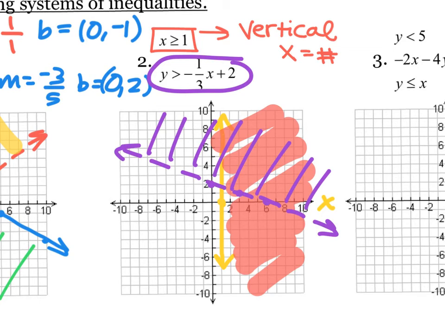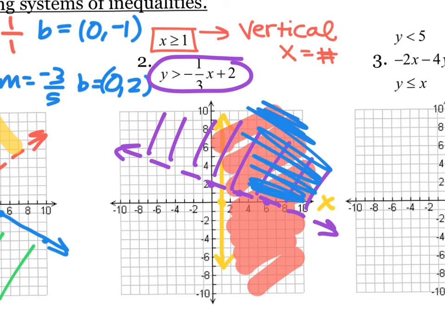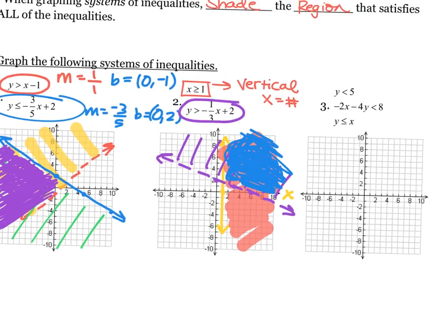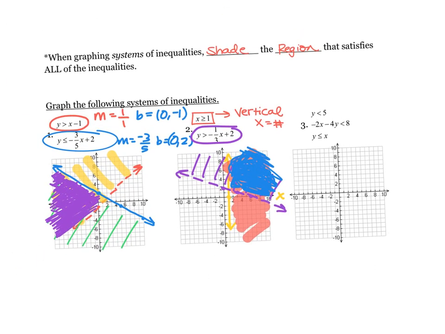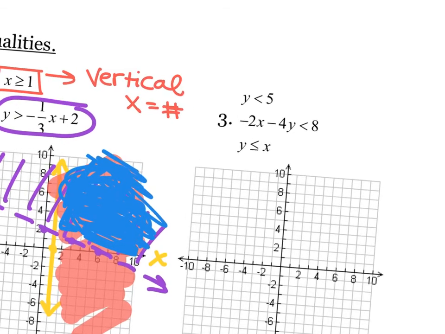So the overlapped region is right here, in between these two lines, right in here. Okay, I think we're good. Sometimes you'll have 3 lines, so that's like number 3.